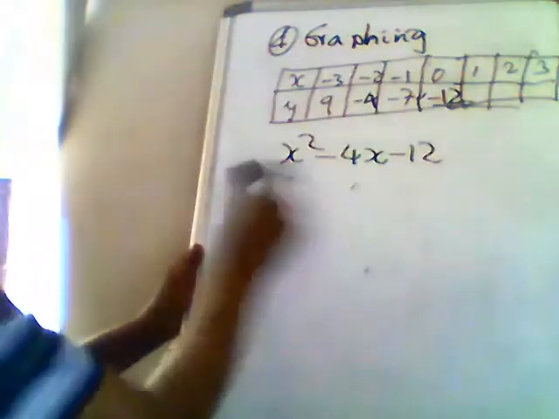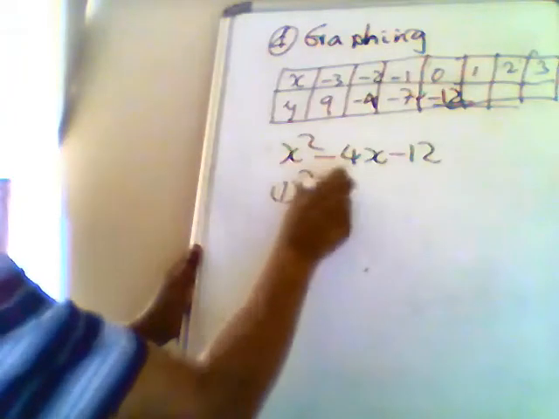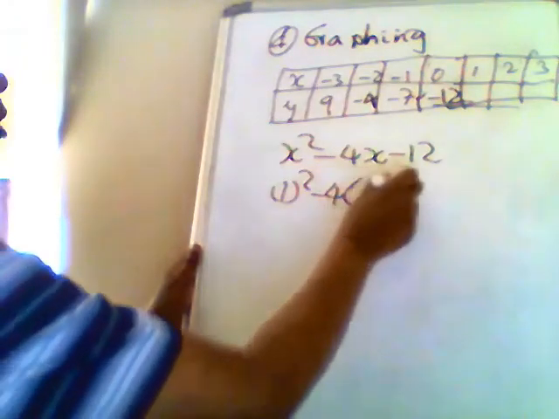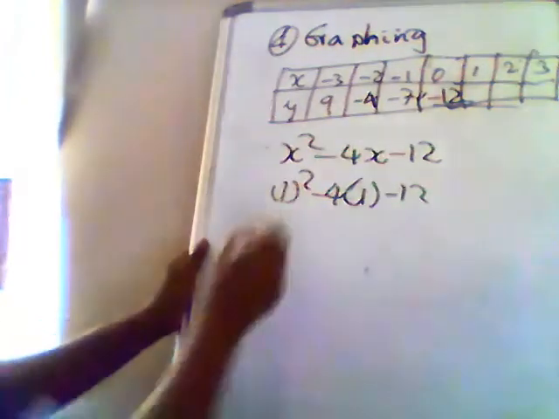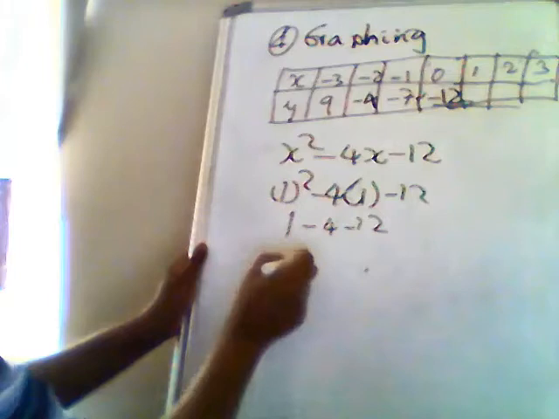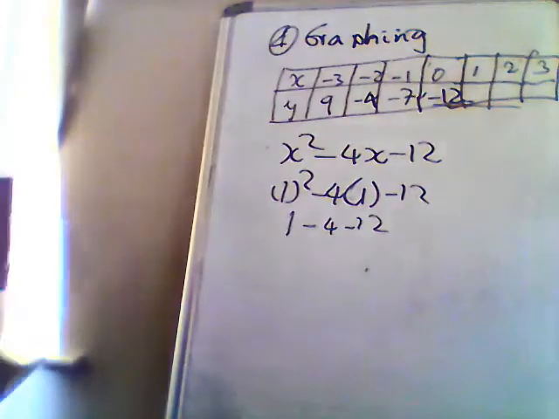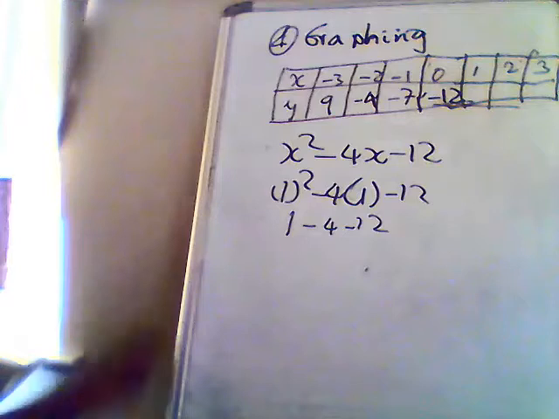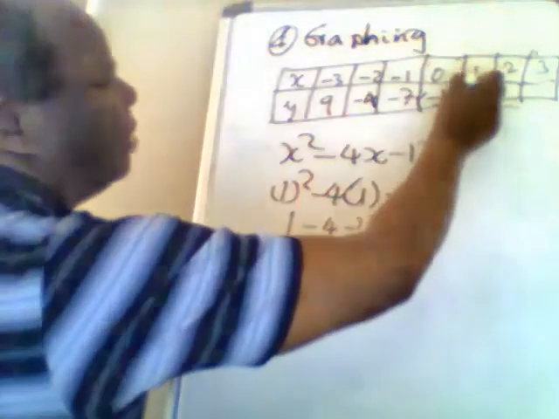Then I need 1, so I substitute 1. I'm going to have 1 squared minus 4 times 1 minus 12, so 1 minus 4 minus 12, which gives minus 15.